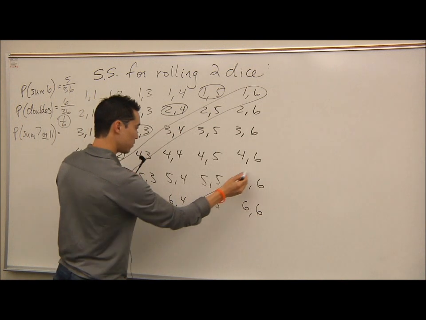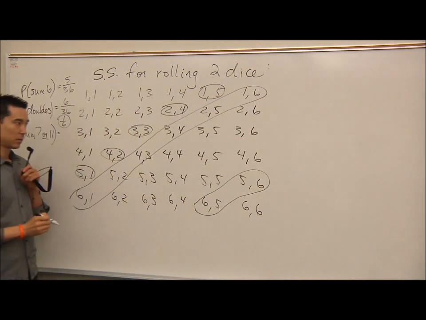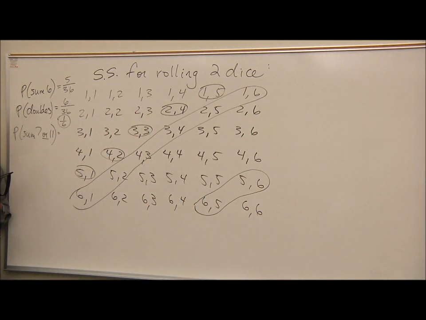And 11, we have 2 ways that that can happen. So what's my answer? 8 out of 36. Okay. And again, you can reduce that. 4 goes into both of those, so 2 out of 9.